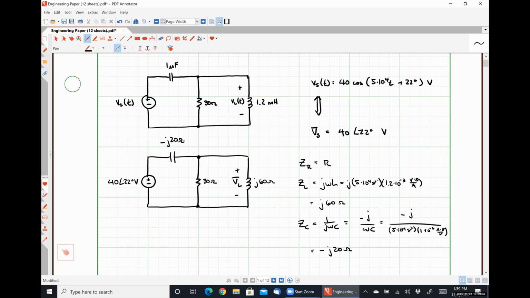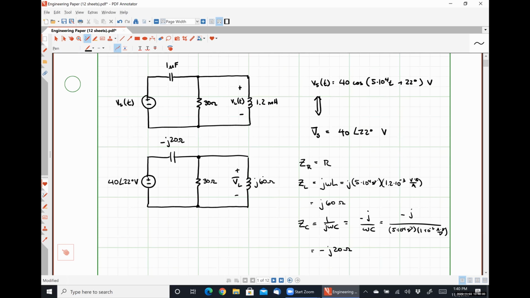I'm not using calculus-based relationships at all anymore. This is simple DC circuit analysis. If I had a 20 ohm resistor here and a 60 ohm resistor here, how would I find that voltage over the 60 ohm resistor?